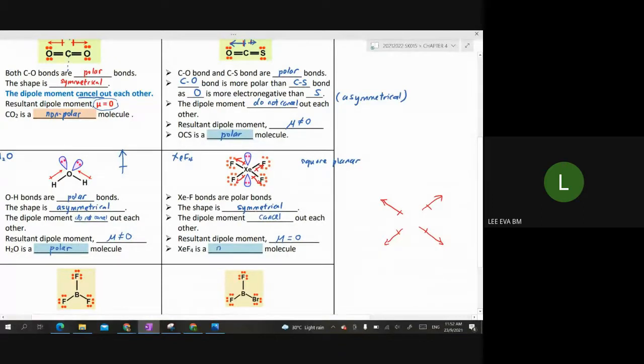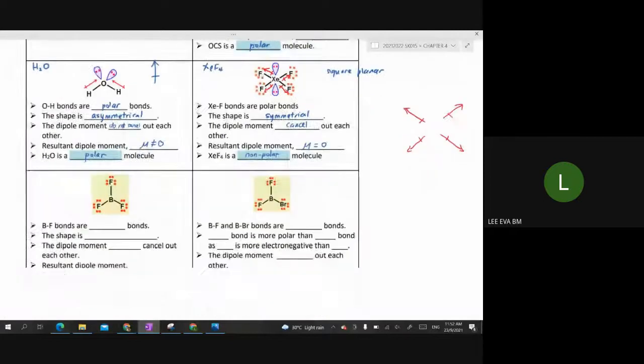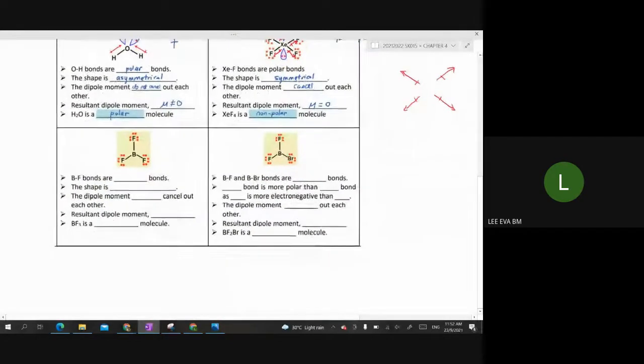So in this case, XeF4 is a non-polar molecule. Ada soalan ke untuk XeF4? Xenon tetrafluoride.